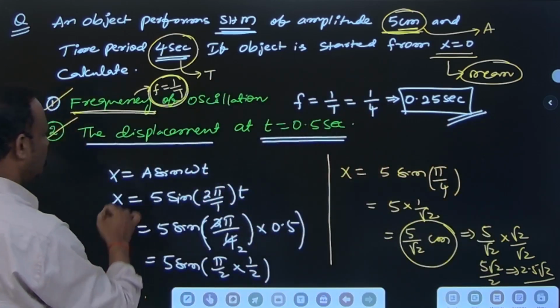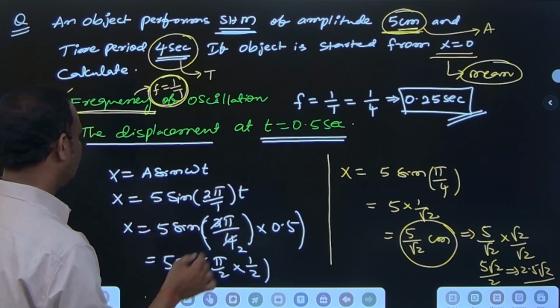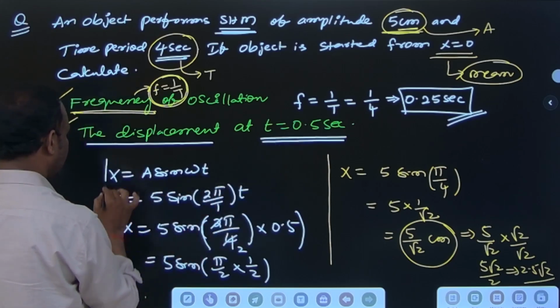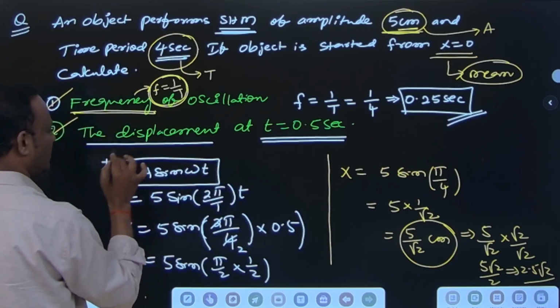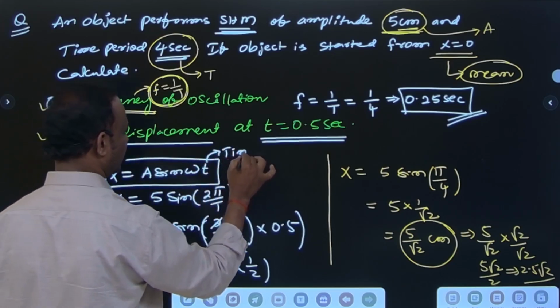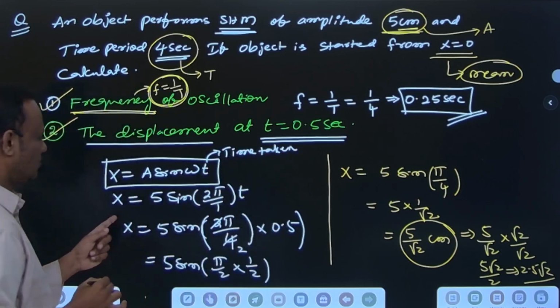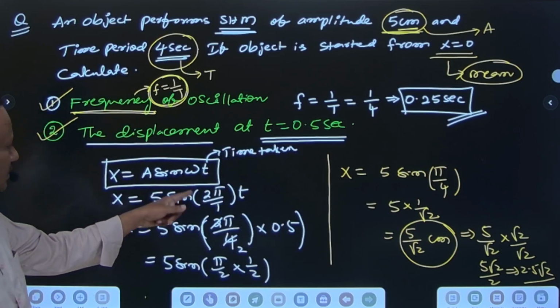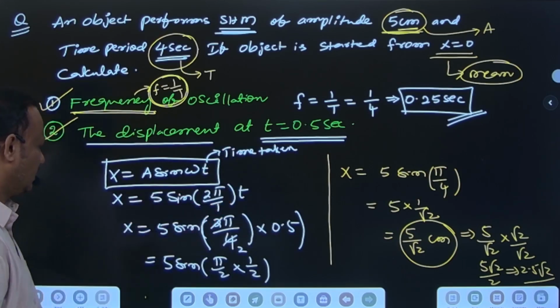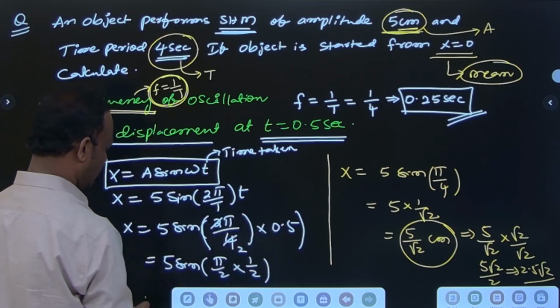Second, the displacement at t equals 0.5 seconds. This is the displacement as a function of time. So x equals 5 sine of omega t, where omega is 2 pi by T, T is 4 and small t is 0.5.